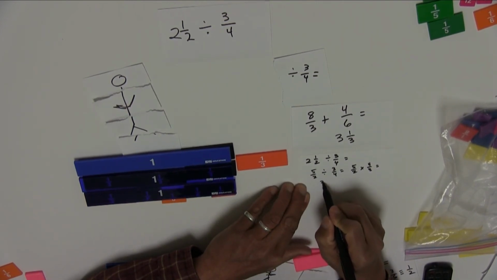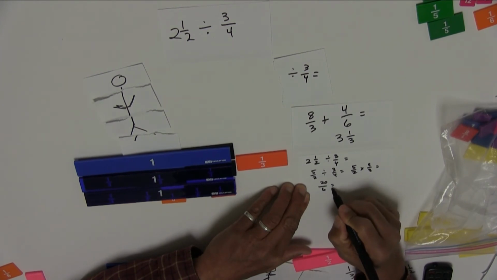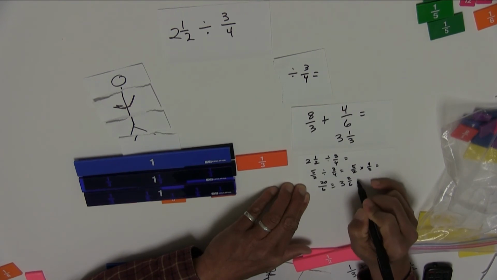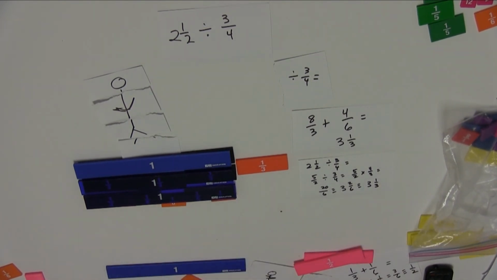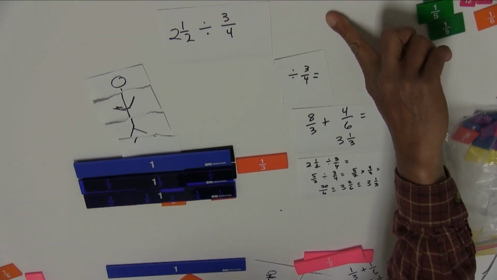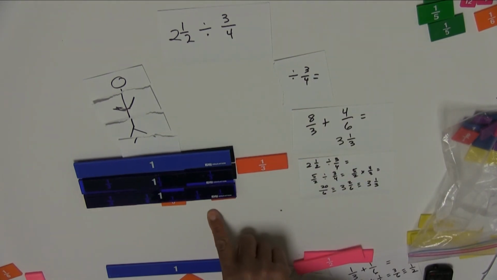This becomes 20/6, which becomes equivalent to 3 and 2/6, which is equivalent to 3 1/3. So 2 1/2 divided by 3/4, what one whole person received, is 3 1/3.